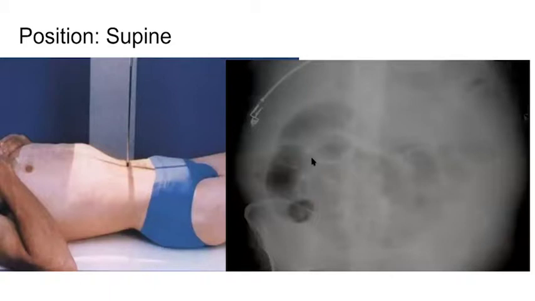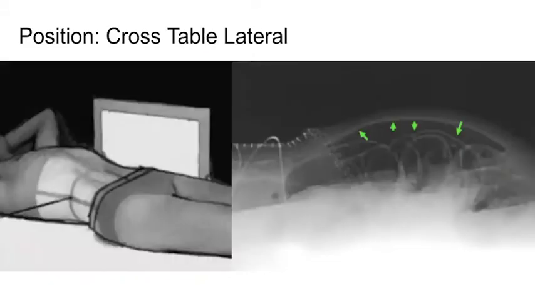When the patient is laying flat, you no longer see the typical air fluid level that you see with the patient standing upright. So in a patient with small bowel obstruction, because of the layering effect, you lose the air fluid levels.